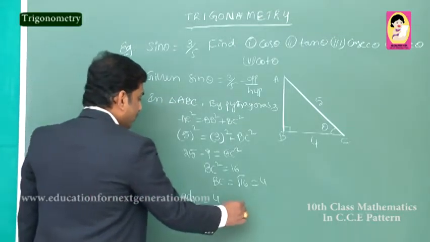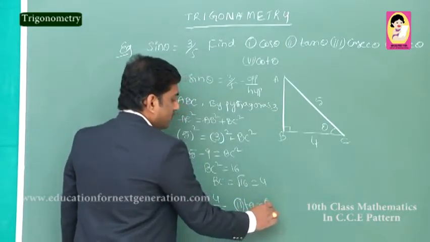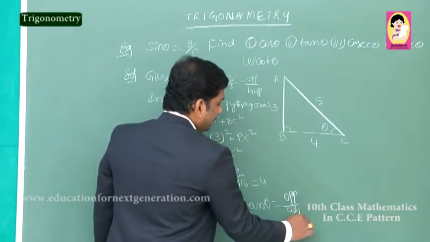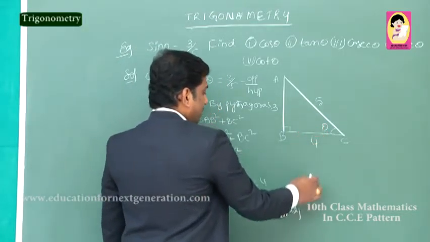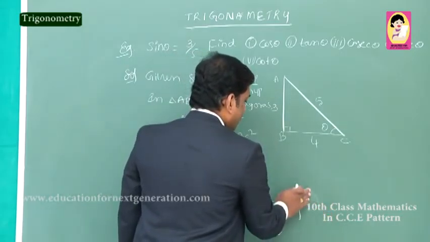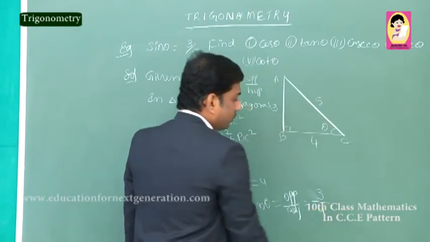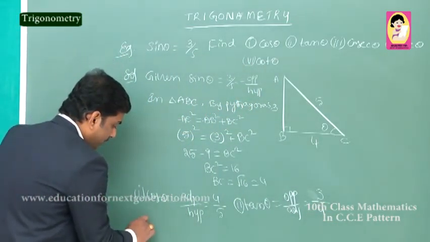And the second one, tan theta. What is the tan theta formula? Opposite by adjacent. What is opposite to theta here? Sorry, opposite to theta is 3. Adjacent to theta is 4. So 3 by 4. And next, question number 3, what is the question?